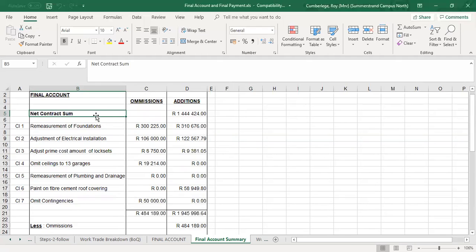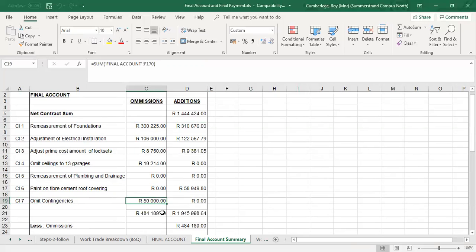Now this net contract sum is your tender figure, the contract sum, less the VAT. So that figure there is the contract sum or the tender figure, excluding the VAT. And then we go to contract instruction number 1, where we've remeasured the foundations. We omit and we add. We do this right up till the final contract instruction, in this case, contract instruction number 7, the omission of contingencies.